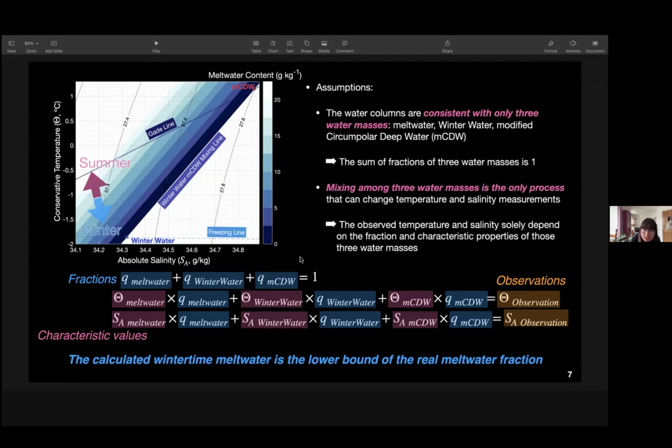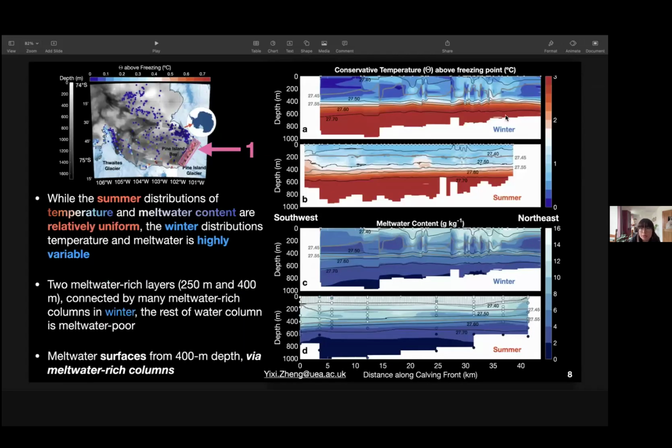With those two assumptions, we calculated the meltwater content from our temperature and salinity, from wintertime from our seals and from summertime from our ships, for the same transect in 2014. Then we have those lower two panels. In summertime, we can see that for the upper ocean, we have a nearly homogeneous meltwater distribution almost everywhere.